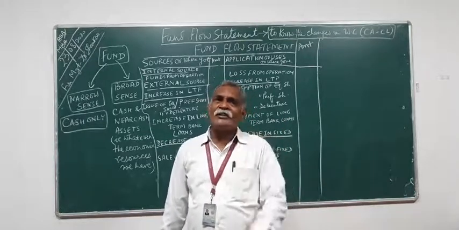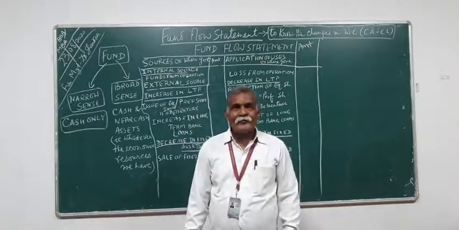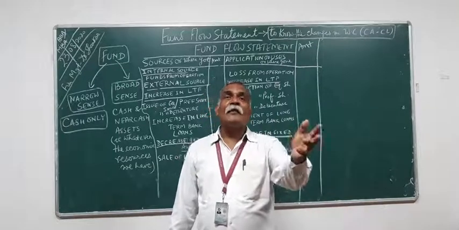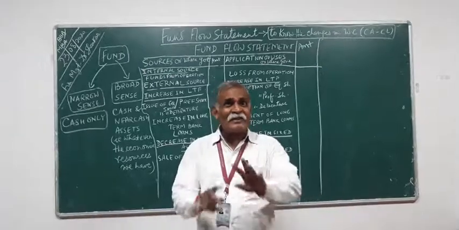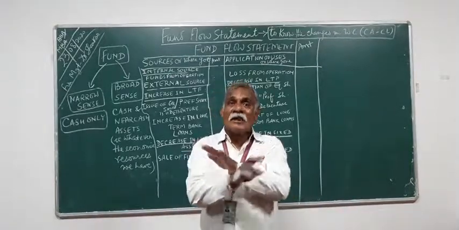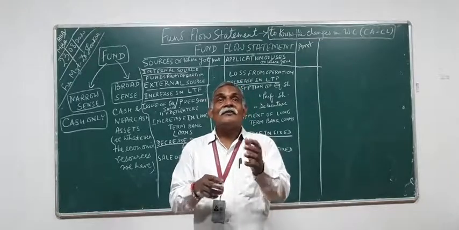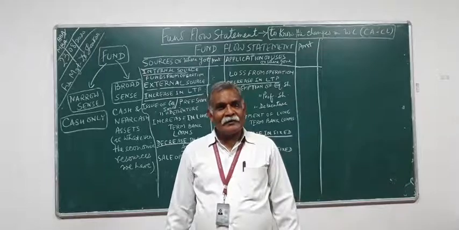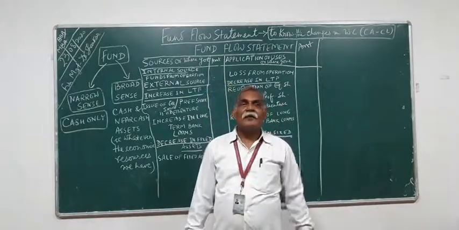And the position statement is prepared with the help of the balance sheet, in which we consider how much assets and liabilities you have. So neither the balance sheet nor the P&L account will give you the information on changes in working capital. That is the reason we prepare the fund flow statement.